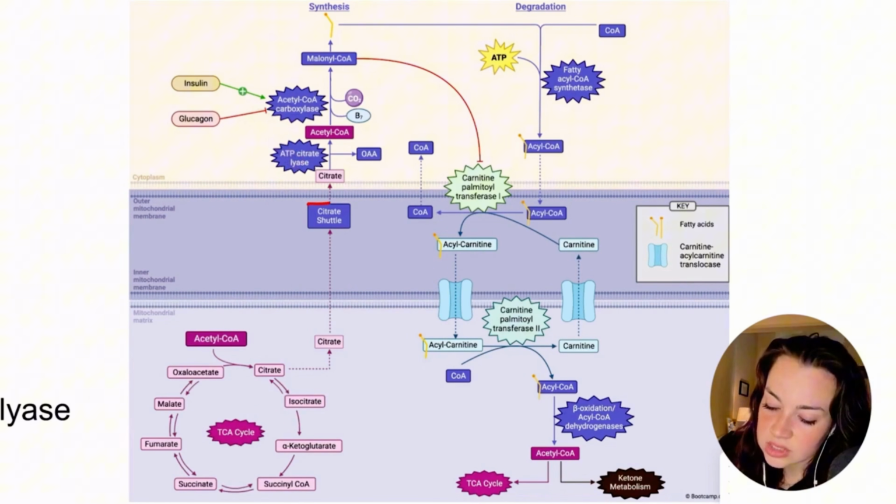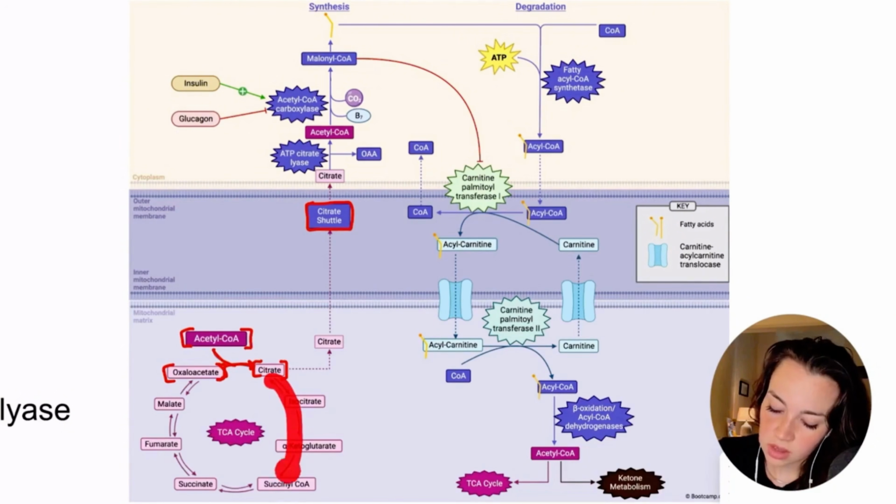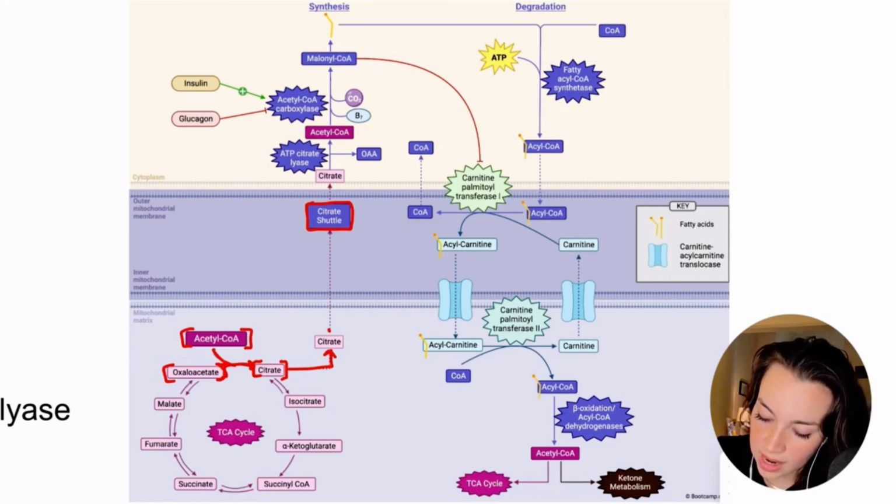And we're going to use that citrate shuttle we were just alluding to. Acetyl-CoA is going to merge with oxaloacetate to form citrate. That's the same as the first step of the TCA cycle. You're familiar with that already. But instead of running on through the rest of the TCA cycle from citrate, we're going to take that citrate and export it out of the mitochondria. And then we're going to split it back into its component parts.